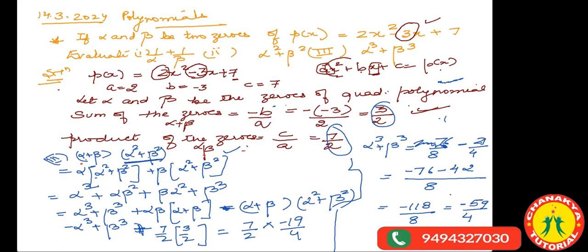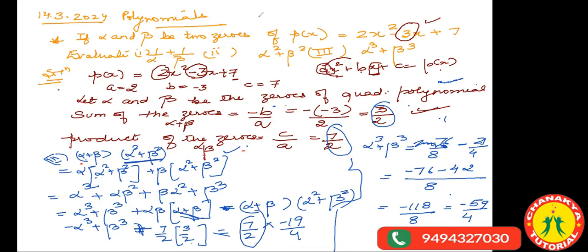Alpha plus beta. Wait. This is alpha plus beta, the next one, down and next one. So the sum of the zeros was minus 3 by 2.